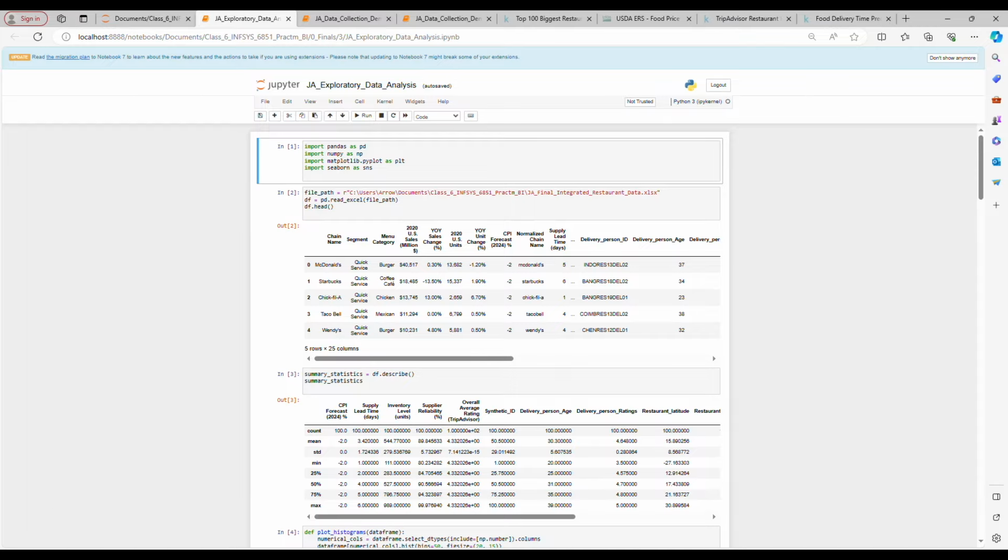The next part of our presentation is to explore the data analysis and visualization aspect of the project. We will present the analytical techniques and tools employed and showcase the key findings and insights derived from the data analysis.